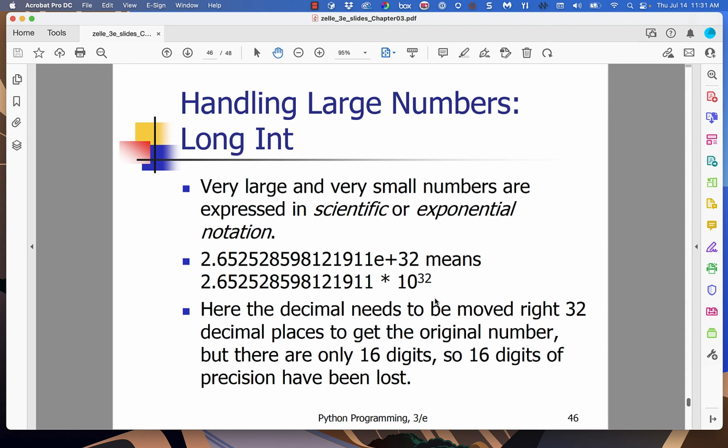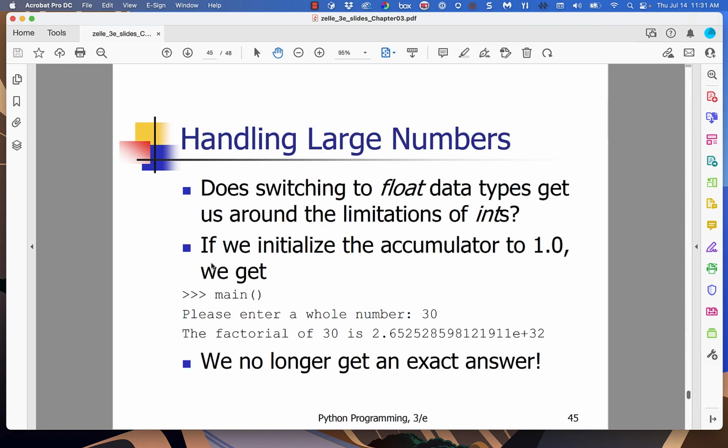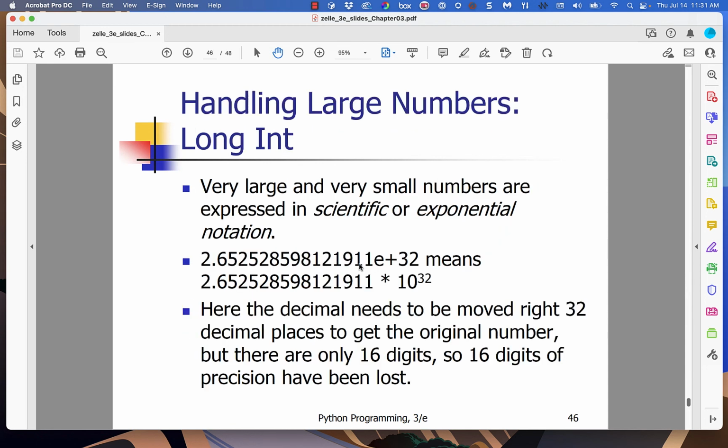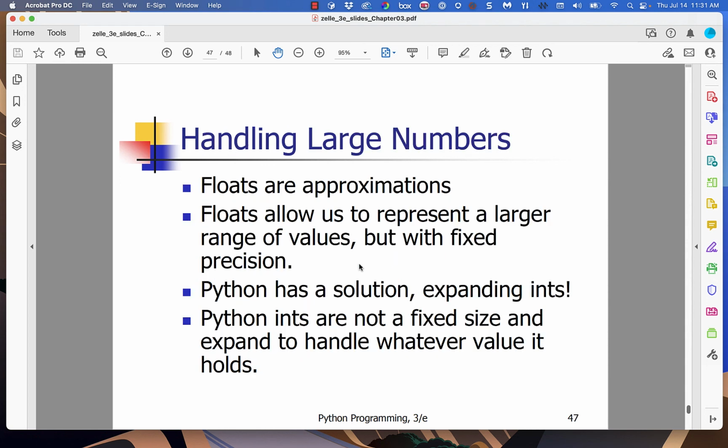That's a great way to express a value, even in engineering, but sometimes if you're trying to get exact pennies, it can be challenging. So floats are approximations. Floats allow us to represent a larger range of values but with fixed precision, which means we're only keeping so many digits.